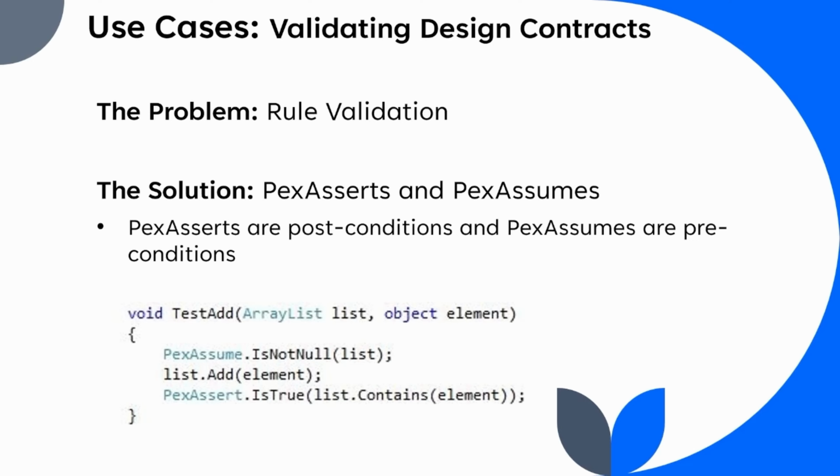So basically, your PEX assumes are giving your engine a rule book that says, here is what is not on the table. For example, in soccer, you cannot pick the ball up with your hands. That is what PEX assumes are saying.